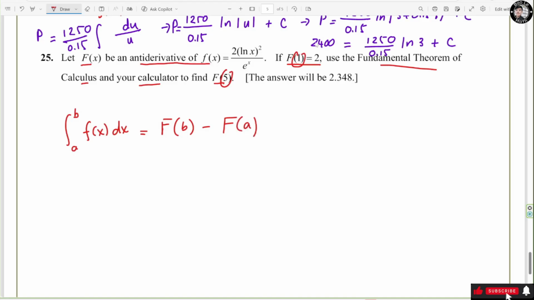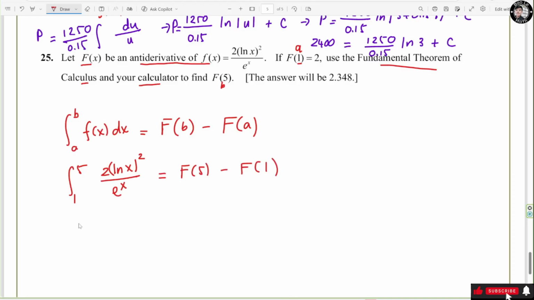Now in this situation a is 1 and b is 5, right? So we have the integral from 1 to 5 of (2 ln s) all together squared over e to the s equals F of 5 minus F of 1, right?